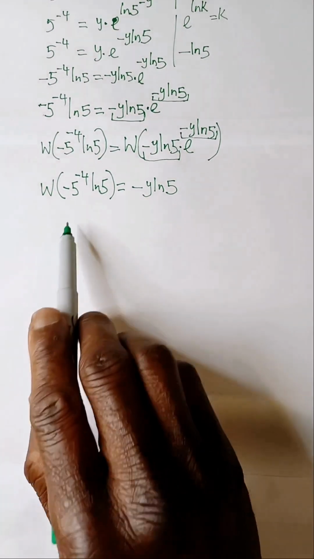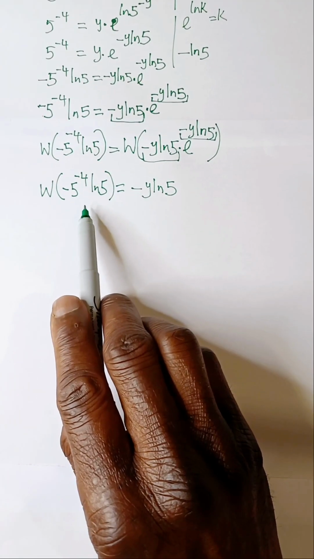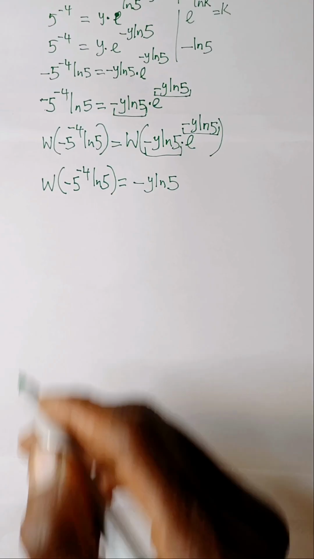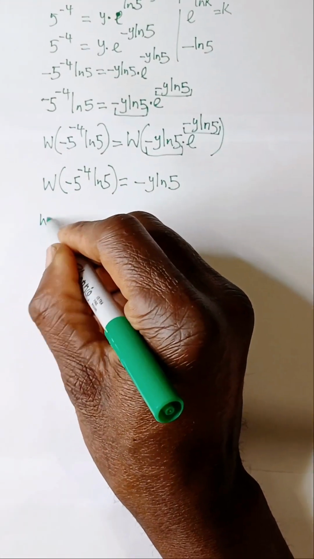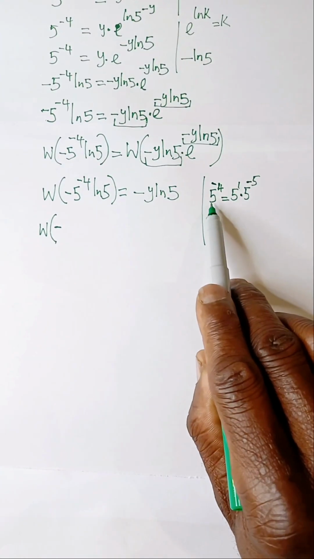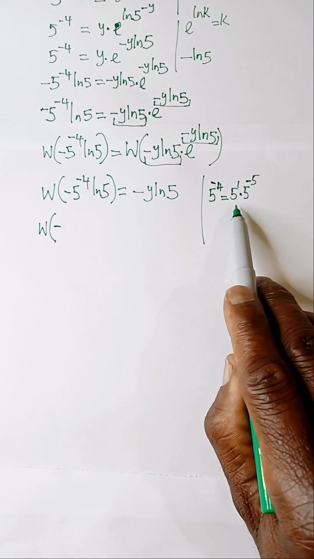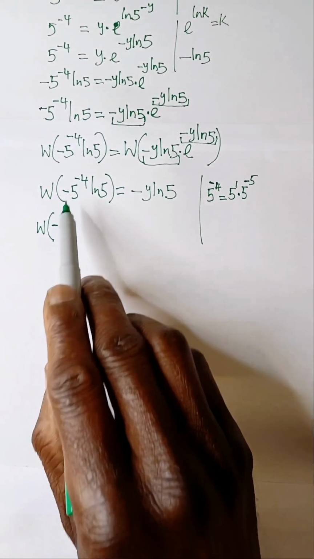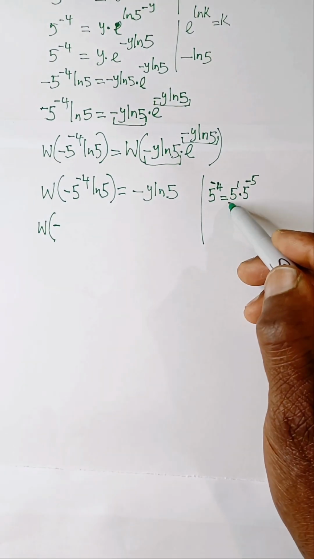The next thing we're going to do is manipulate the left hand side so that it will be in the form specified by the Lambert W. Here we have the Lambert W. Minus 5 raised to the power of minus 4 is equal to 5 raised to the power of 1 times 5 raised to the power of minus 5. Instead of this, we are going to replace it with this.